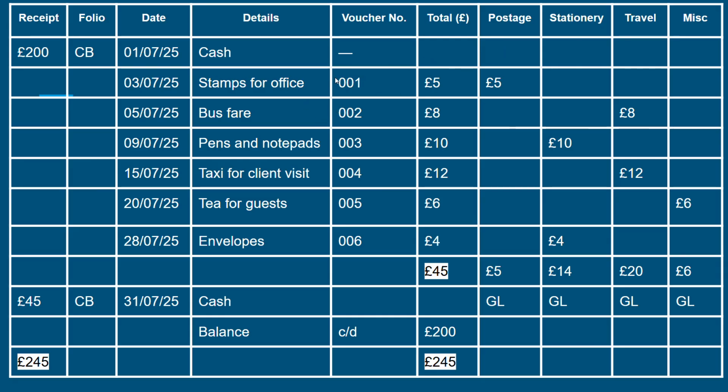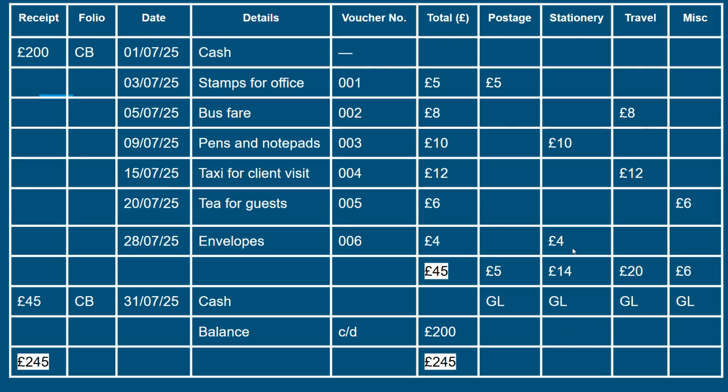But if you collected all the money spent on traveling, and you knew how much you spent by the end of the month, which is £20, you can take it to the general ledger, go to the expenses part, and make an account just for traveling.